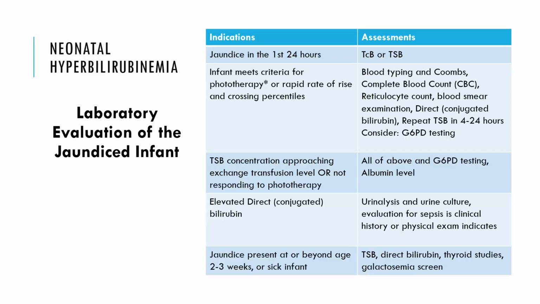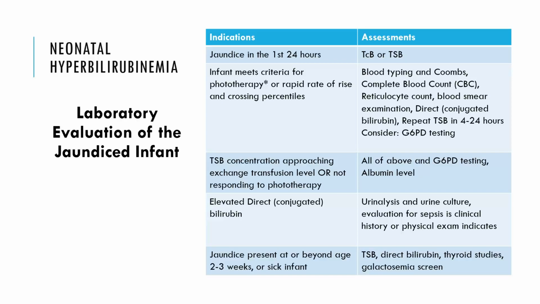And remember, a lot of these labs have to do with the fact that because we've got this rapid rise of bilirubin, we have to assume hemolysis is happening. And so we're worried about being anemic. So our CBC is to check our H and H, our hemoglobin and our hematocrit, and our reticulocyte count, which are our premature red blood cells.